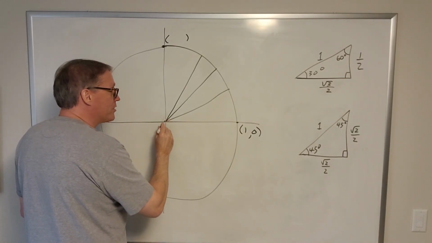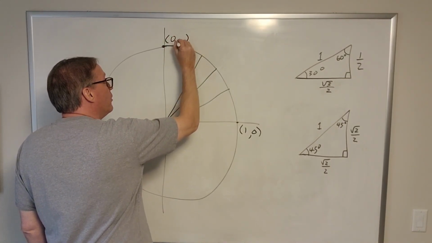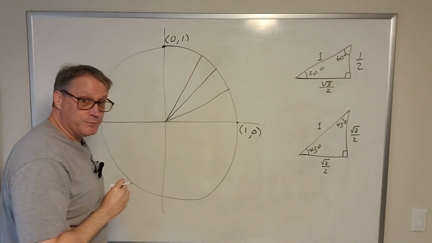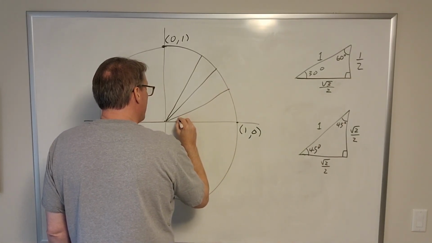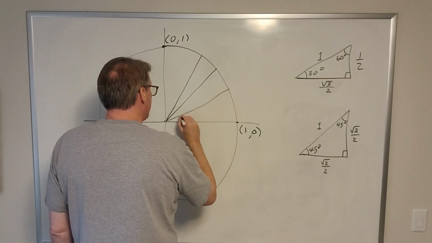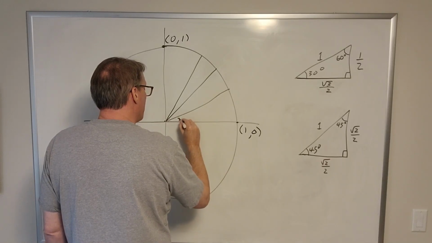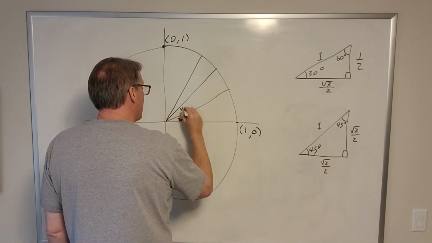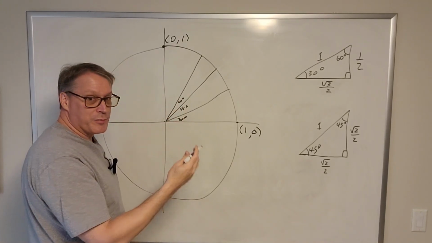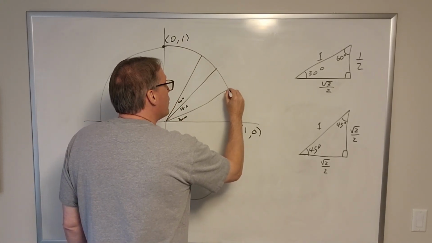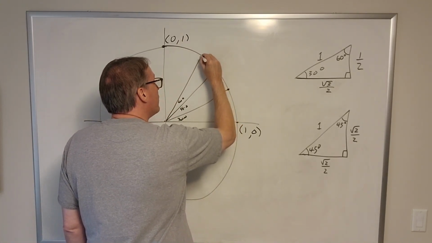Well, it's going to be 0 in the x direction, 1 in the y direction. 0, 1. Okay? So what about these others? I'll call this 30 degrees, 45 degrees, and 60 degrees. Okay? Now it's hard to read, but you get the point. This point right here, this point right here, this point right here.